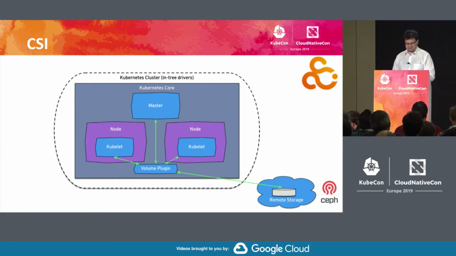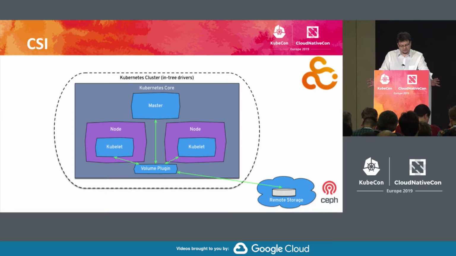On the other hand, in-tree plugins can be painful for the Kubernetes community to maintain, and any bug in the plugin code could affect Kubernetes core components. Security-wise, these in-tree drivers also have the same level of access as Kubernetes core components, which is less than ideal.